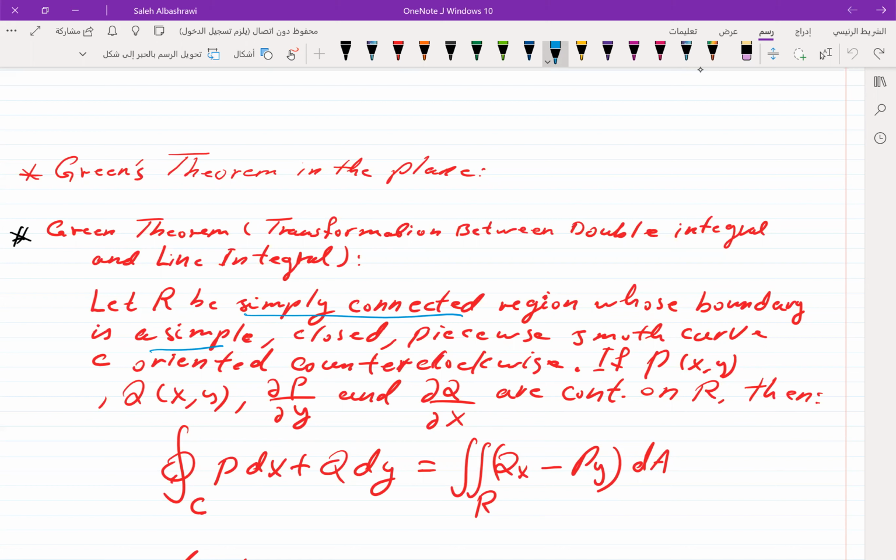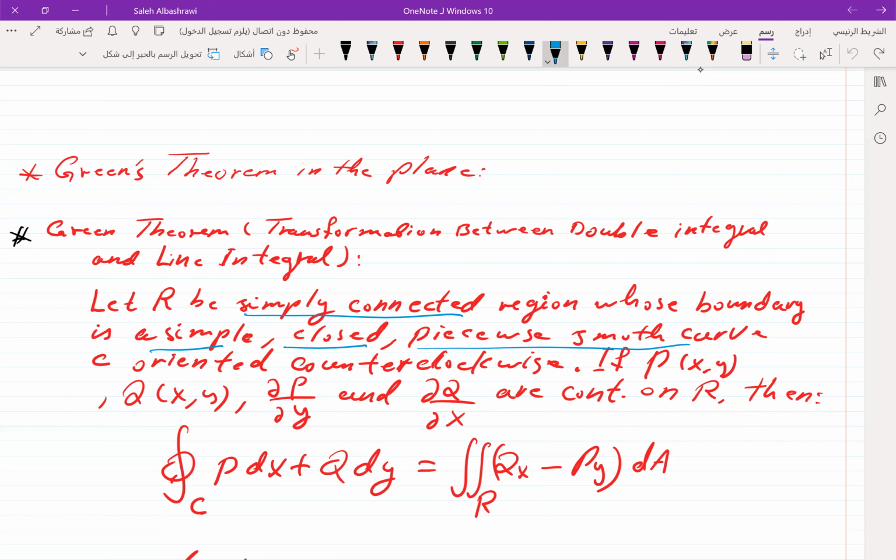Simple means it is a continuous, non-self-intersecting, closed piecewise smooth curve C, oriented counterclockwise. Oriented counterclockwise just to keep the region R to the left of the movement.